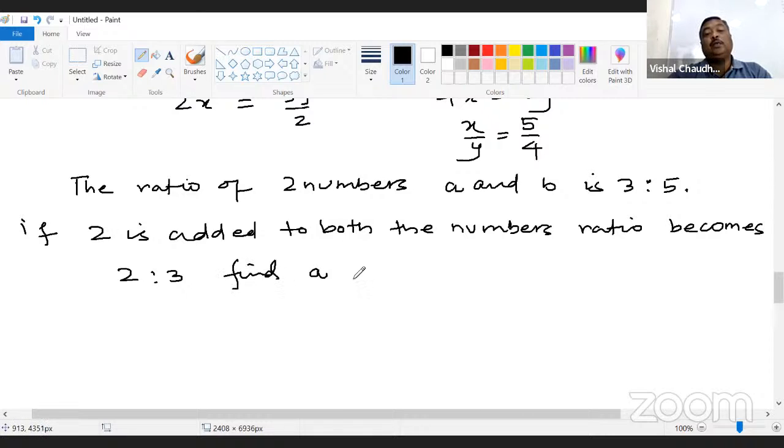Find A and B both. Please, can you attempt this? Take a minute and attempt the question, please.